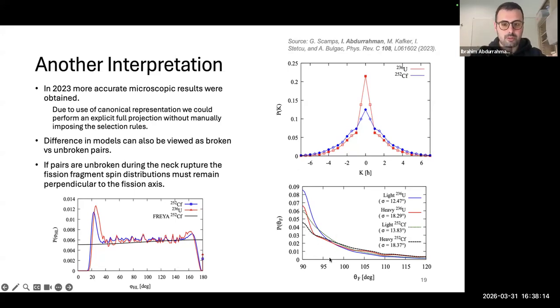But if pairs are broken, and now you can have some projection along the fission axis for an unpaired nucleon, then you get a picture that's more similar to what we have here. And so in some sense, this is a prediction that during fission, when your fragments split, you must break a certain amount of pairs.